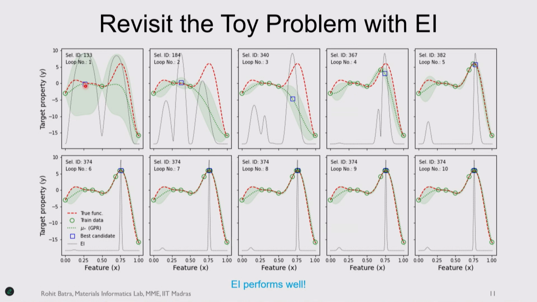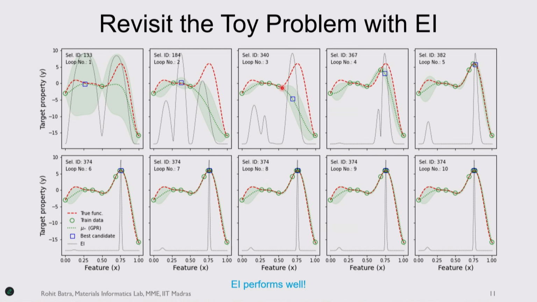Then once I have found it, I do the experiment on it. I put it back into my training data and retrain the model. This is how the retrained model looks. For this retrained model, this point now becomes the one with the highest expected improvement. And if you keep on going, you will see that the model found that this is the point where the maxima is occurring. It didn't get stuck. Also notice that the first 2-3 points are the same as the exploitation we saw.